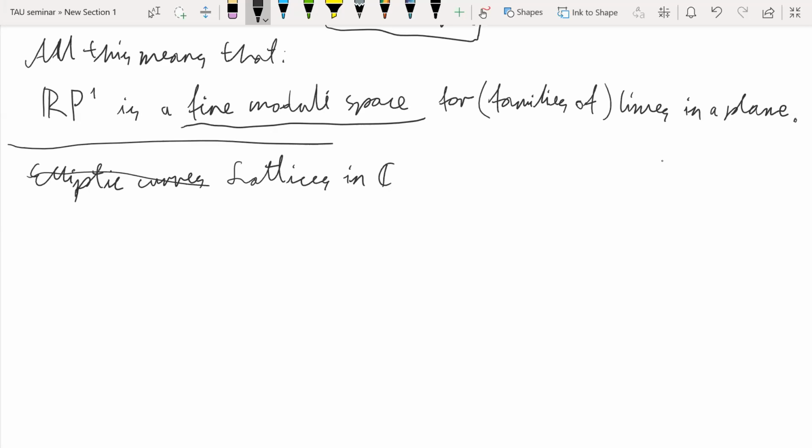Here we are lucky that RP1 actually is just a circle. For general RP to the n, there's just something more complicated. I don't think it has quite such a neat description. So that was a non-answer to the question.